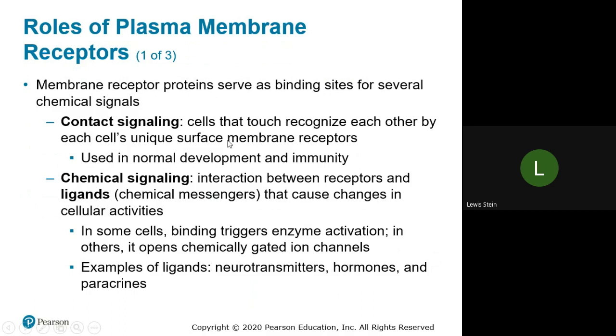So you have contact. This is another important part. I talked about it a little bit with those cell recognition molecules. Effectively, cells touch and recognize each other by those recognition molecules.